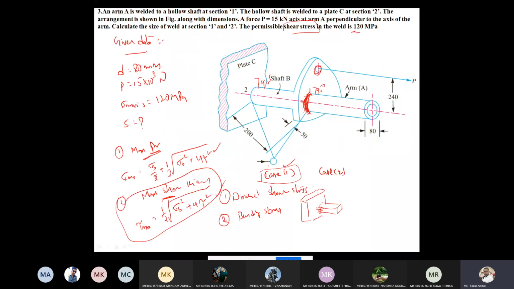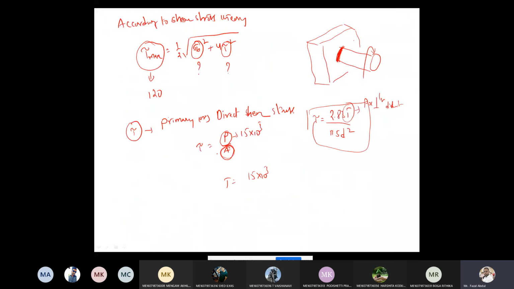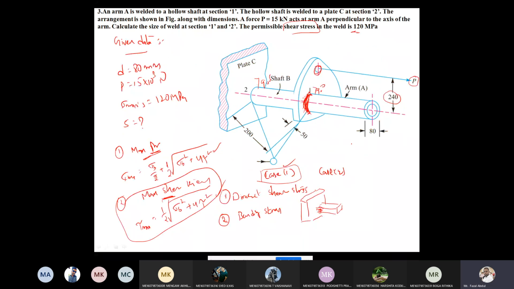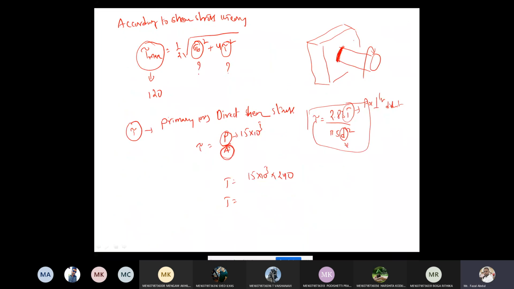The force is applying, and the perpendicular distance is 240 from the axis of the shaft, so that is into 240. D is the diameter of the shaft, given in the question as 80 mm.